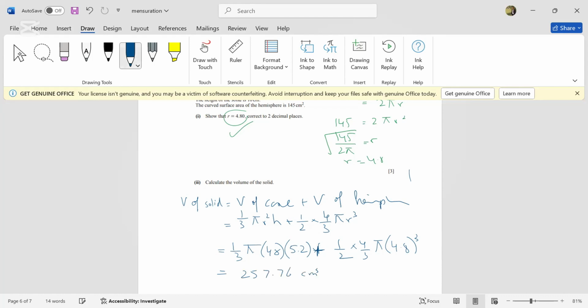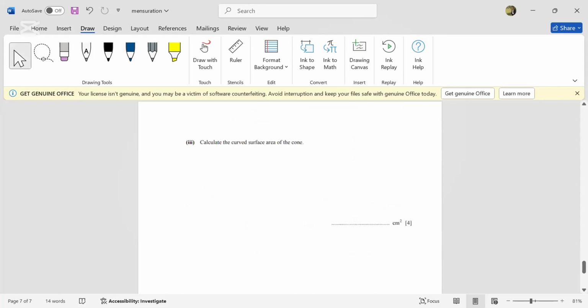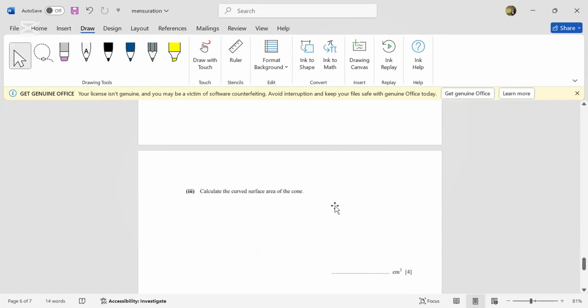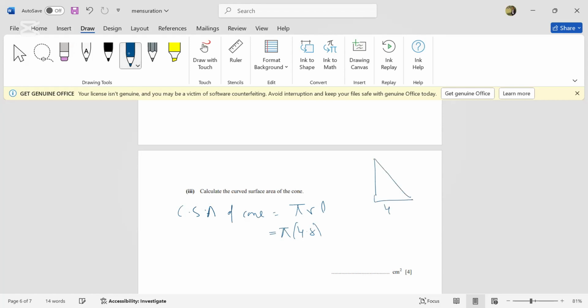Okay, so what's next? Let's see. Calculate the curved surface area of the cone. We know the formula for the curved surface area of a cone. CSA of cone is equal to pi r L. Radius, we already know, is 4.8. L is the slant height. So let's check, do we have the slant height?